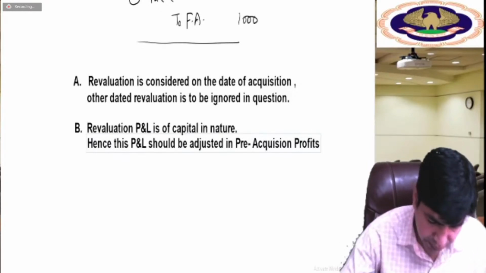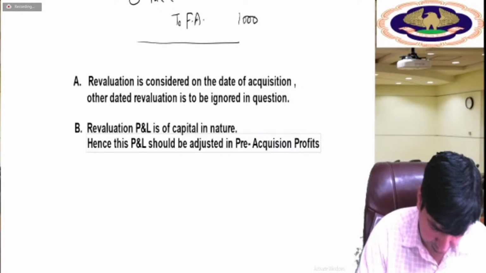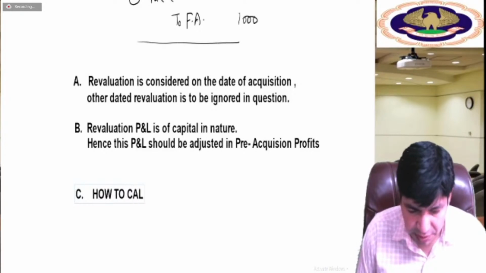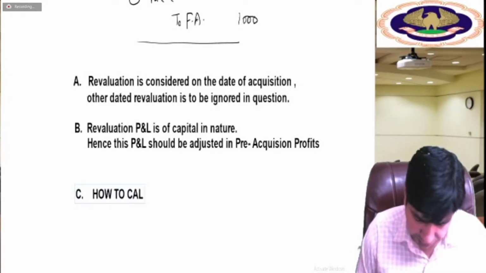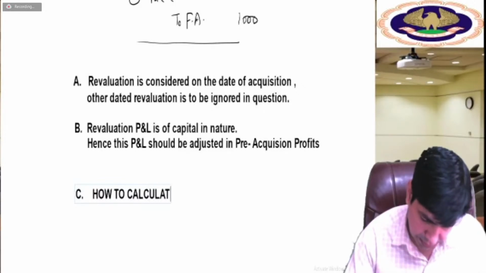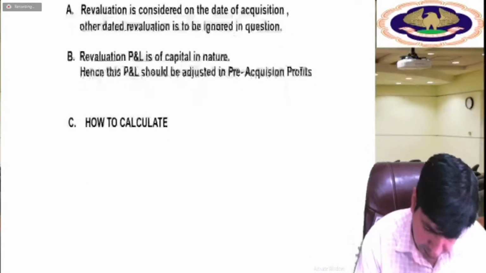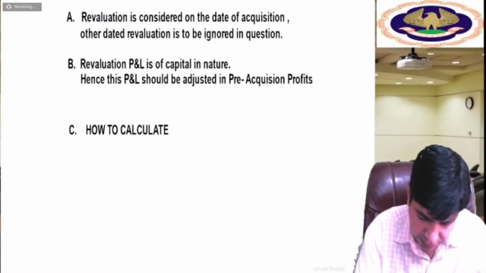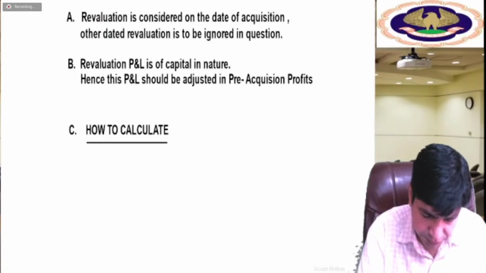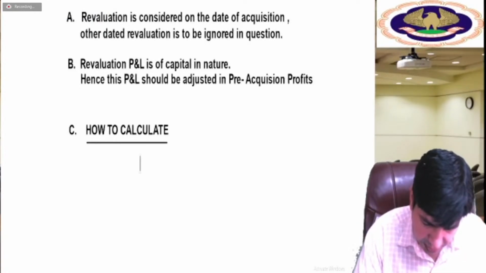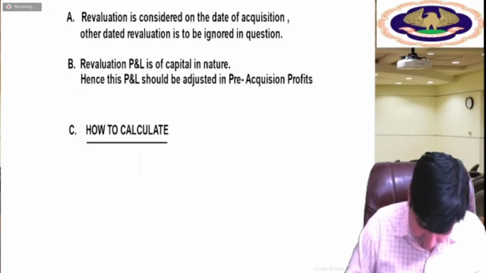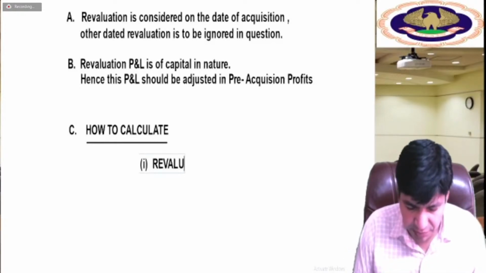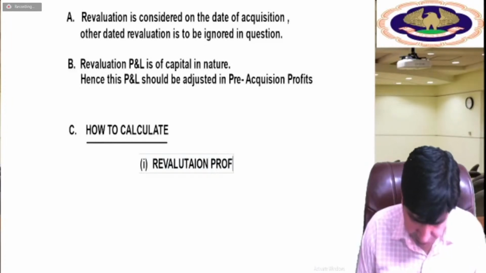Profits. See how to calculate. See, in this way, you have to calculate first the revaluation profit or loss.